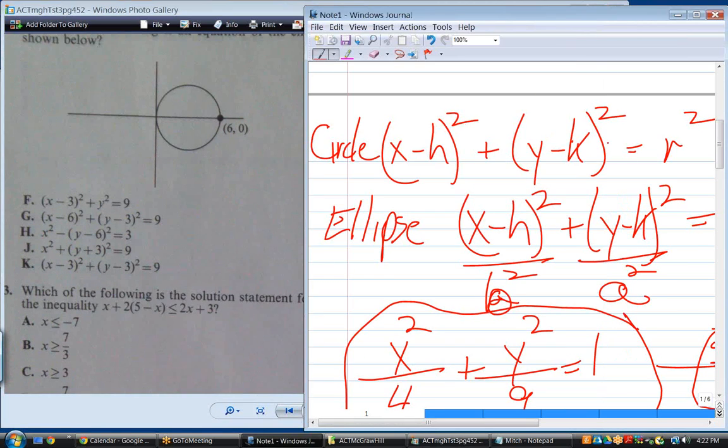So, make sure you have those 2 formulas memorized when you go in to take the test, because the 2 questions on conics are gifts. If you know these 2 formulas, you're going to get both of them right every time. And that's why I say they're gifts. Kind of like the 4 trig questions.